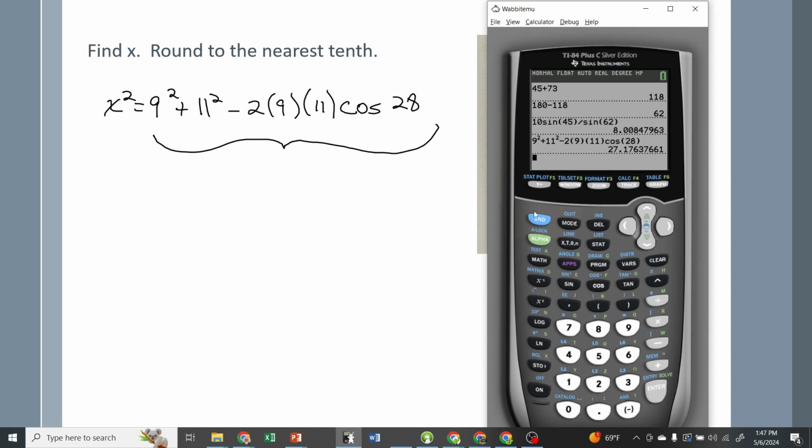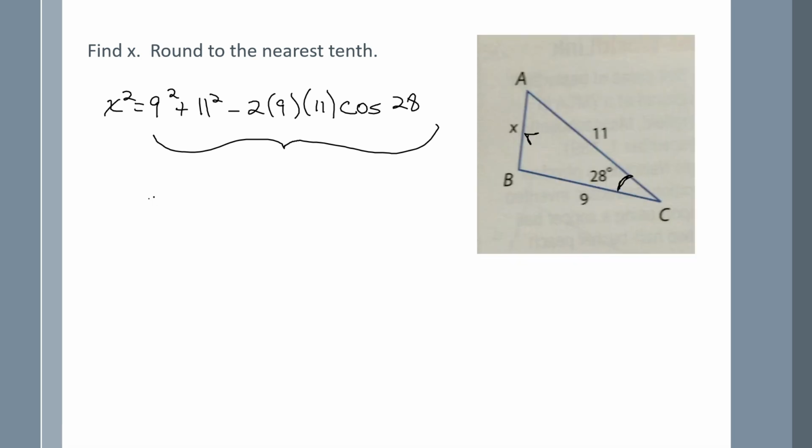So I'm going to take the square root of this value, and hit enter. And I get 5.2. Okay, so that one's not too bad. We can just plug everything in and let the calculator do the work.